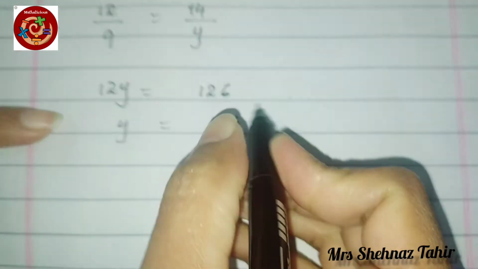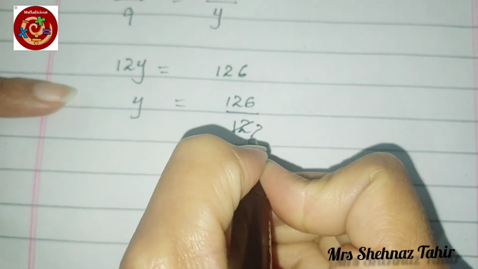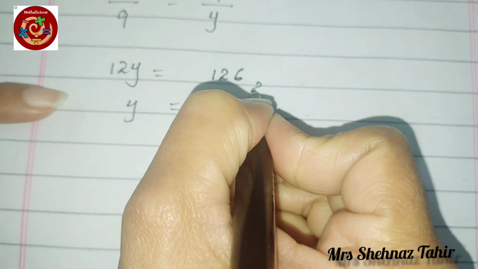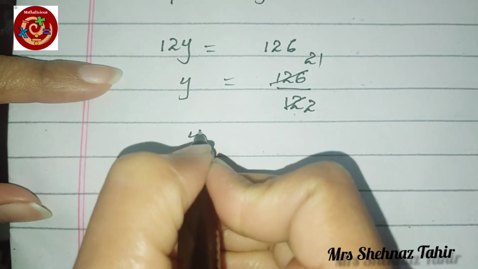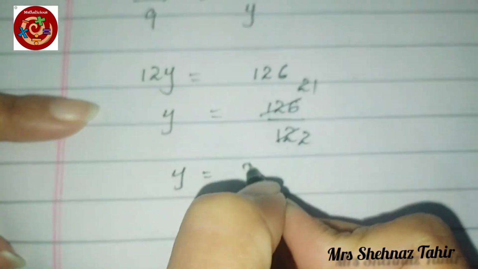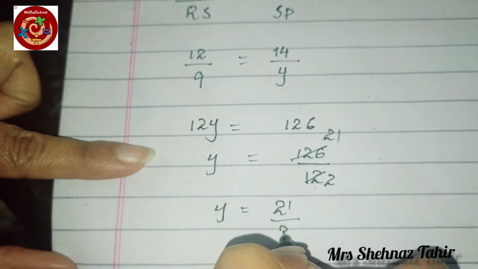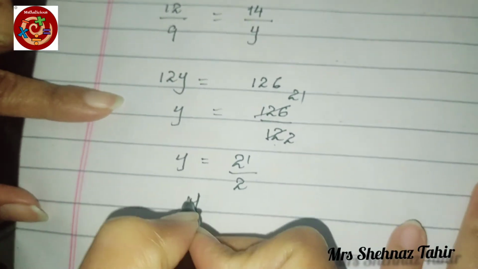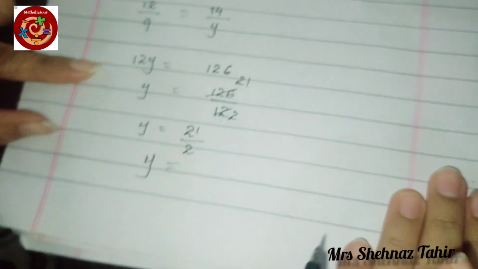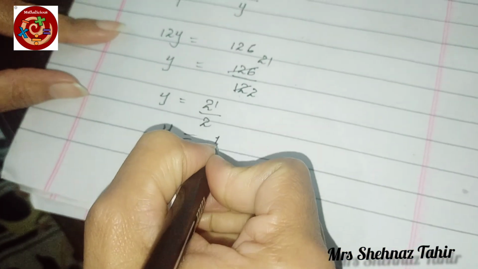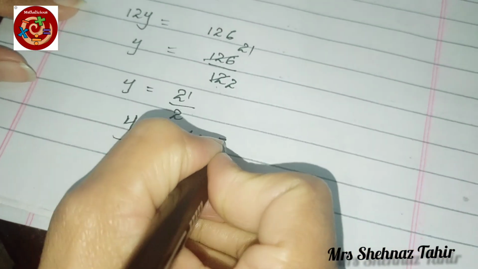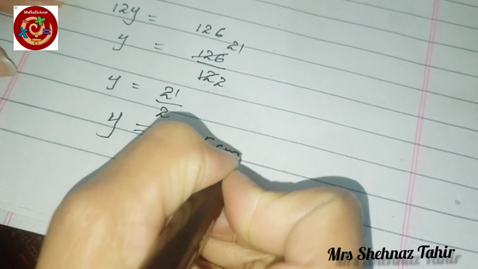When we simplify, it will be Y is equal to 21 over 2, and when we solve it we get Y is equal to 10.5 centimeters. That is the solution.